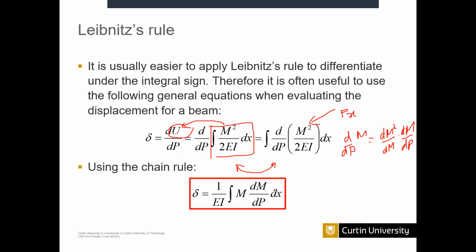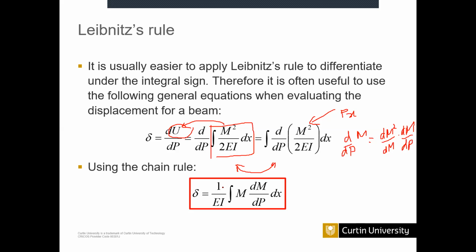And here we will do the calculation in this format, so you should have the steps. If you follow these steps, it will be very easy. Normally, you need to find the bending moment first. Then you can substitute the bending moment here without any problem. Then you find the first derivative with respect to P, that particular load.